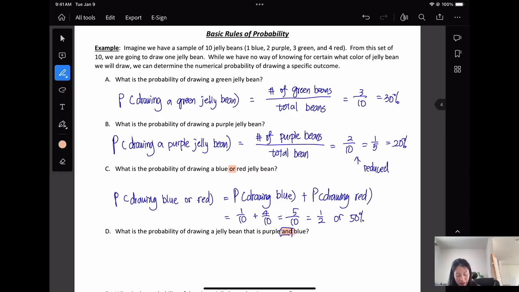That means it's impossible, so the probability of drawing a blue and purple bean is 0, because there's no bean that is both blue and purple.